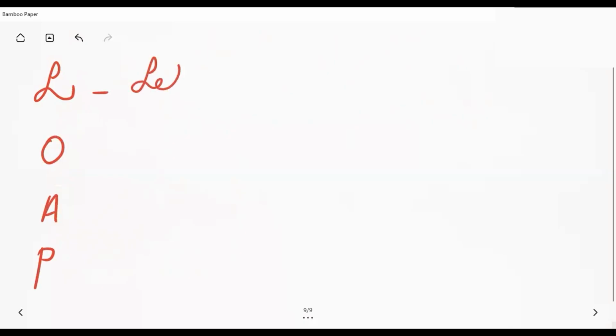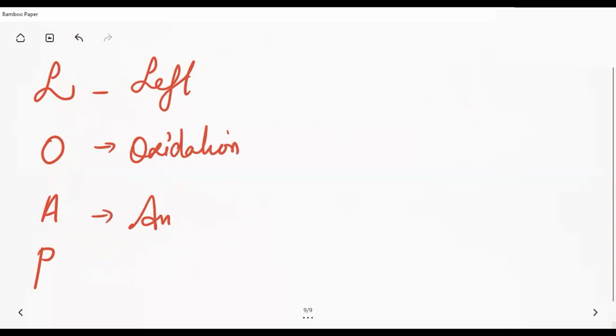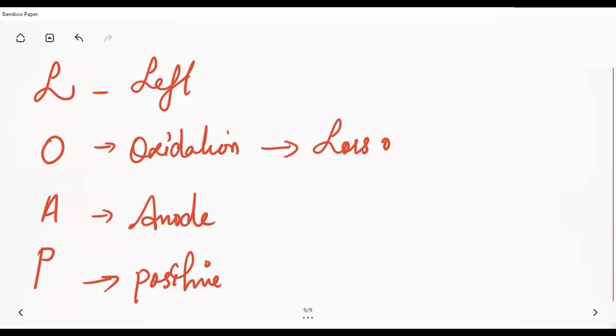Same in the left, this is oxidation, O for oxidation always, and A for anode. The difference between galvanic cell and electrolytic cell is that the anode is positive in this case. So just study this word LOAP. And oxidation means loss of electrons.